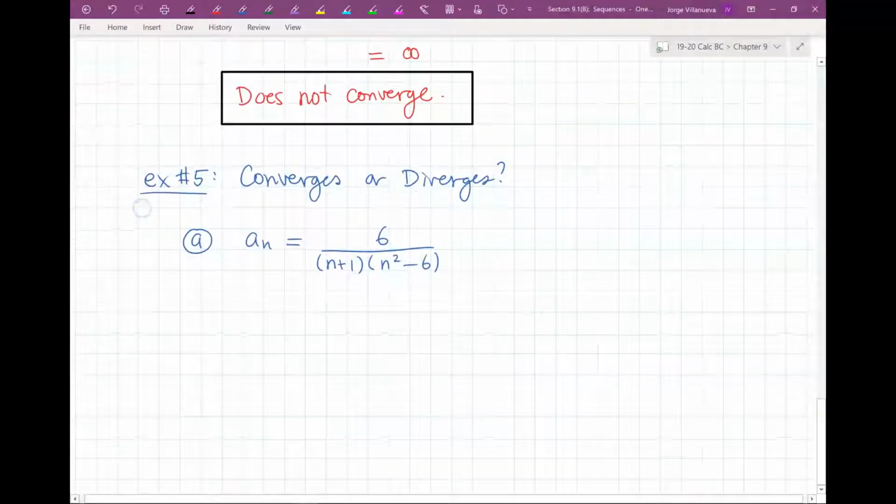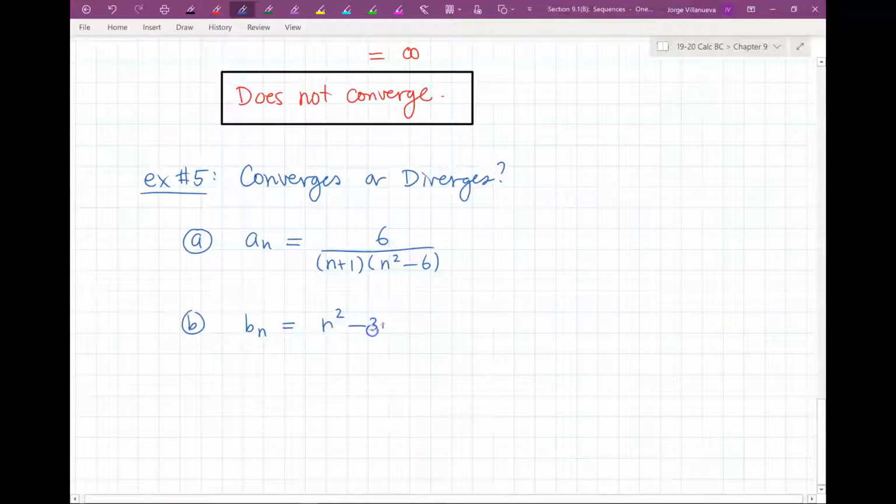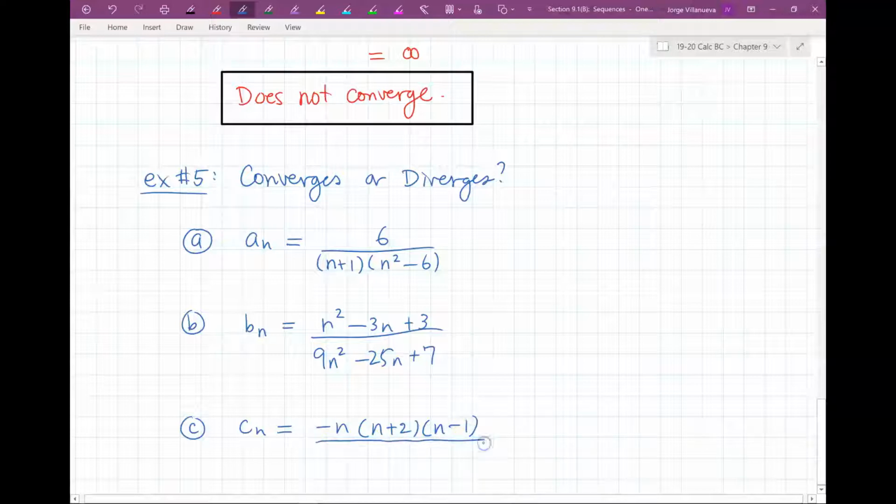That's one of them. The next one is n squared minus 3n plus 3 over 9n squared minus 25n plus 7. And C sub n, negative n times n plus 2 times n minus 1 over 6 times n squared plus 6n minus 3. So those are 3 of them.